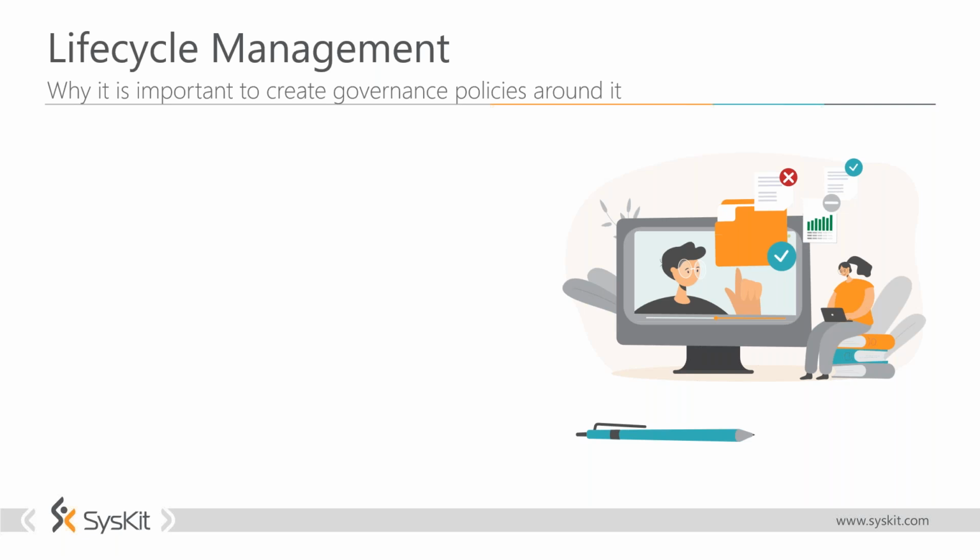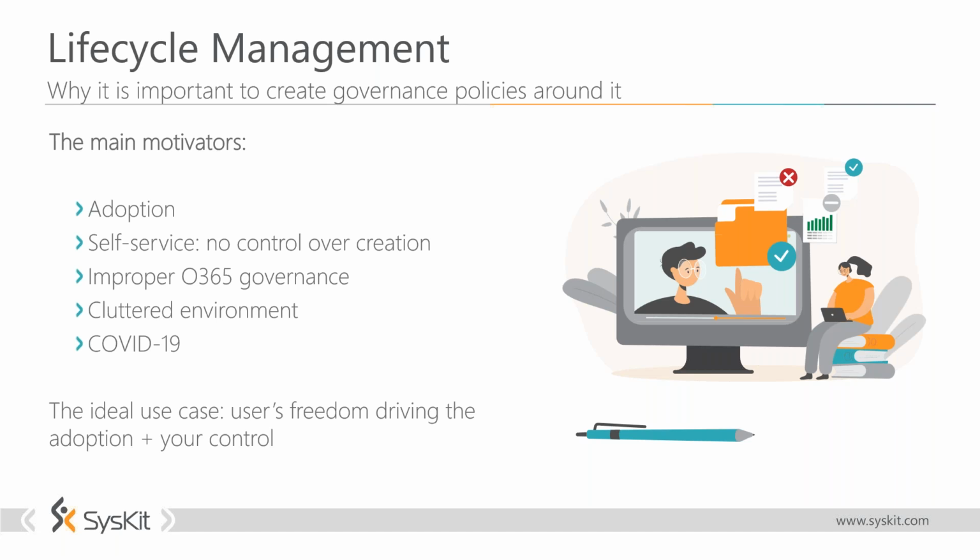Once your organization has made an investment in this technology, it's natural that you want to drive its adoption and you want people to actually use it. And that's when companies enable self-service so that users can create teams and groups as they want, which is great in the beginning to increase the adoption. But if it's uncontrolled and without proper governance, it often leads to chaos very fast. And a cluttered environment actually decreases your users' productivity, and that is something you are hoping to avoid.